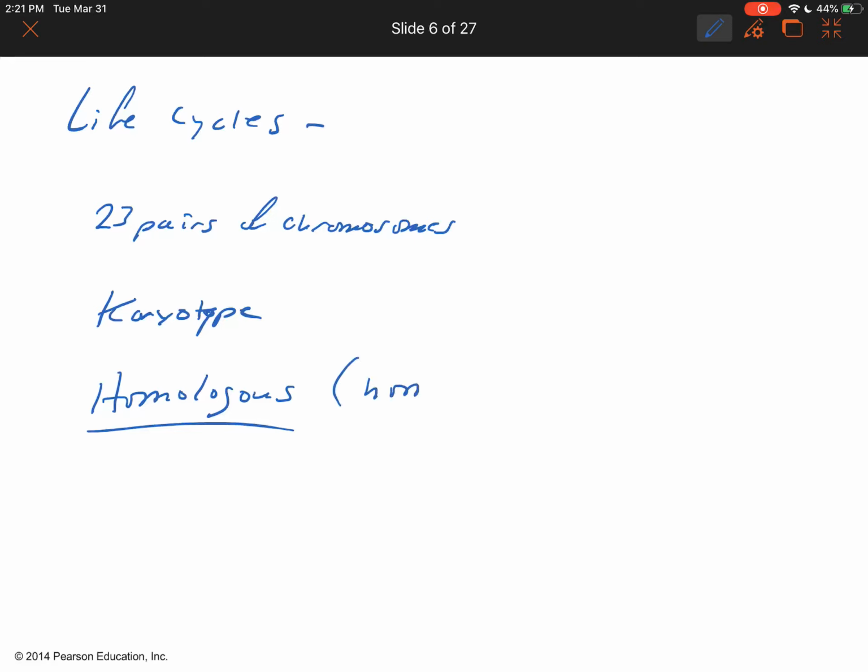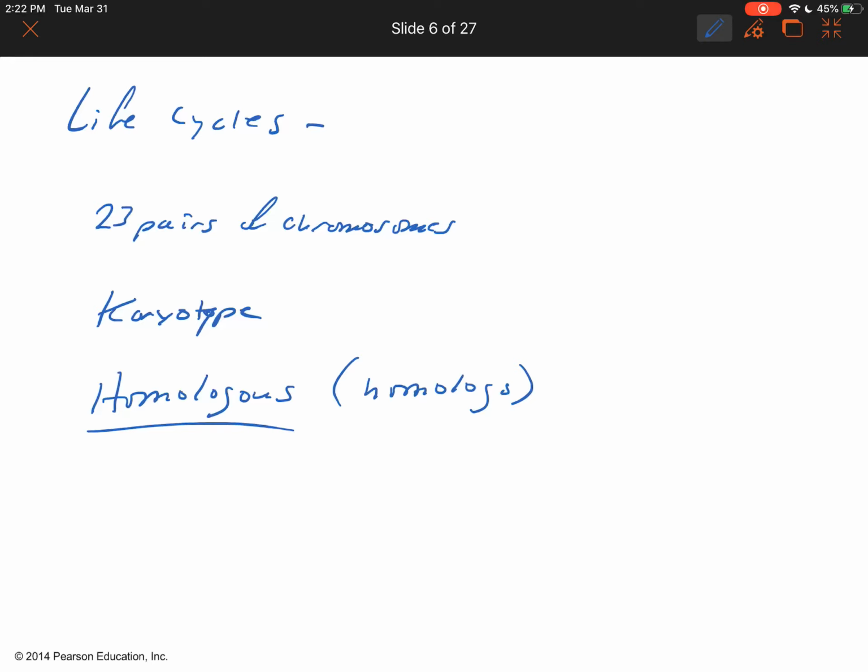Sometimes you also see them referred to as homologs, okay? So for example, chromosome number 7, you have two copies of it, one from your mother and one from your father. And those two copies of that same chromosome, one from each of your parents, have the exact same sets of genes on them, okay? So that's why they're homologous.